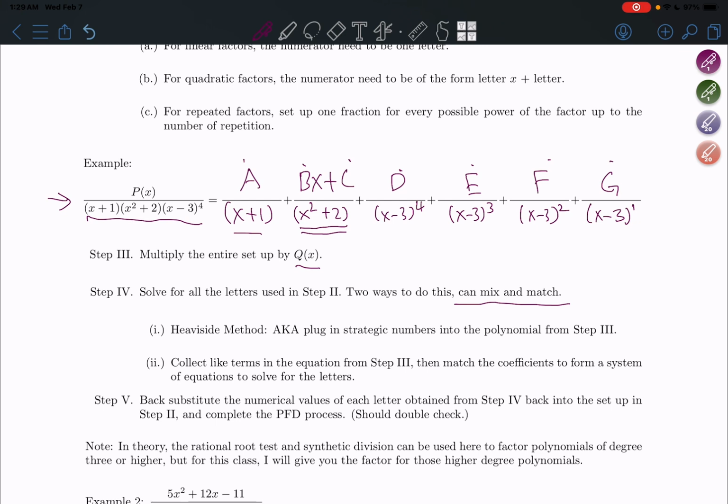But after you got the partial fraction decomposition, you have done a lot of algebra work. You might as well double check, right? And the best way to double check is to simply add everything back together.